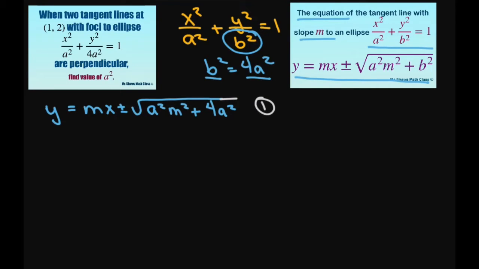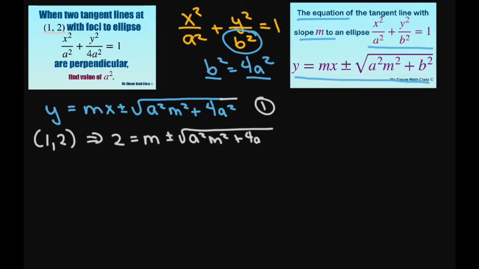Since equation 1 passes through the point (1, 2), I'm going to substitute 1, 2 for my x and my y. So that's going to give me 2 equals m plus or minus the square root of a squared times m squared plus 4a squared.